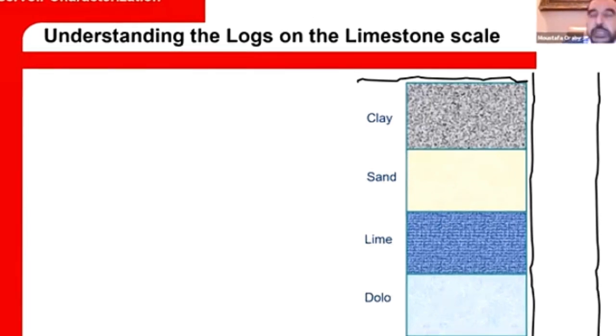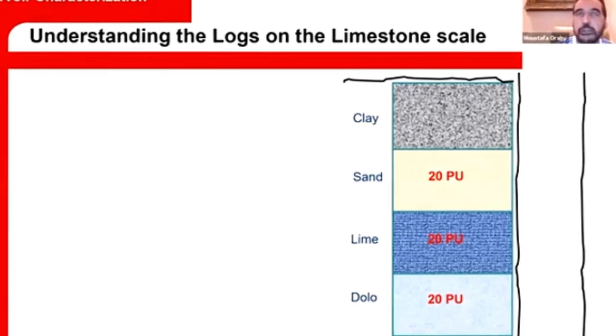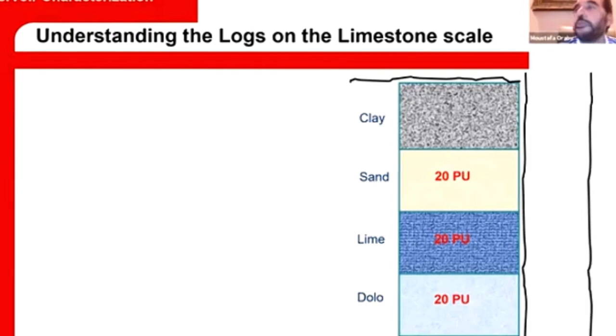And let's assume for simplicity that all these sand, lime, and dolomite have the same porosity. Let's assume that all of them have 20% porosity. So I have these layers of different lithology, but they have the same porosity just for simplicity. That goes for any other lithology, but let's just stick with all of them having 20 pu.